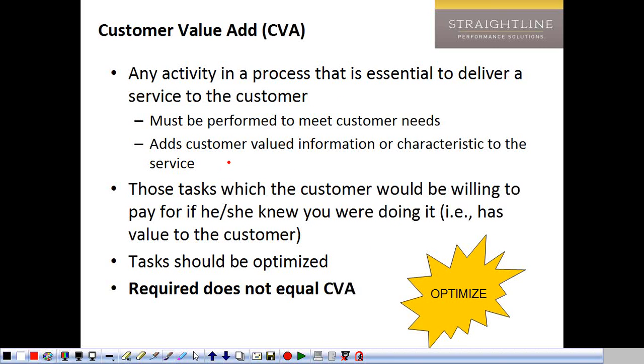Again, if it transforms the product or service in a way that is necessary for the sale of that product or of that service, or the delivery of that product or service, then it's value added. These tasks should not, of course, be eliminated. They should be optimized, made to deliver as well as possible in a minimum amount of time.